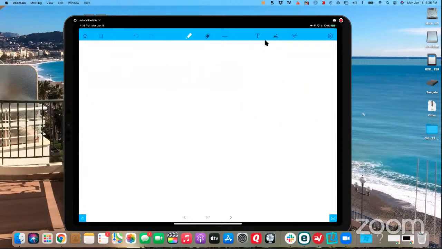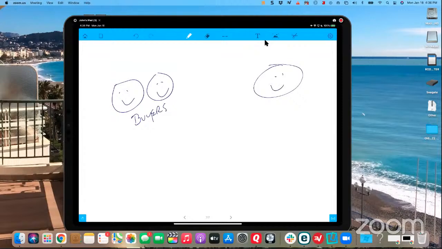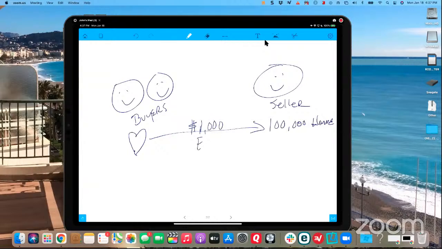If this couple wanted to buy a home, so they're buyers, and I'm the seller in this situation, and I want $100,000 for my home, and they really want to buy it. I mean, they just love my home and they want to buy it. And so they give the real estate agent $1,000 earnest money.